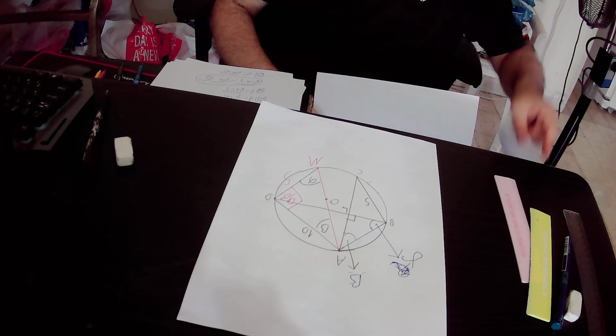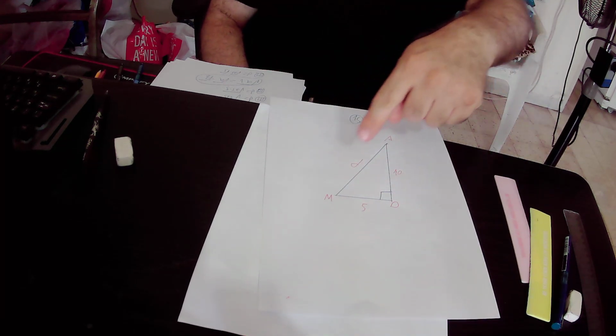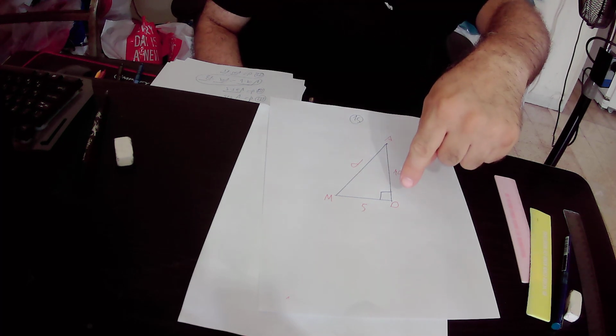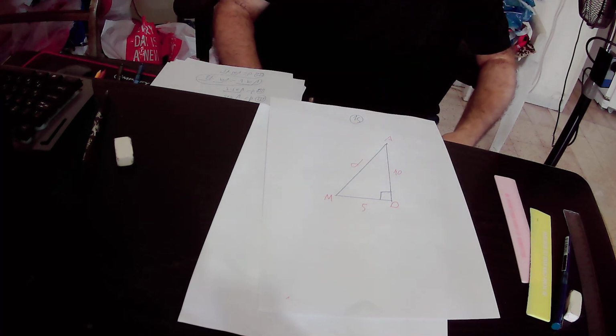That is to say, AM square equals AD square plus MD square.